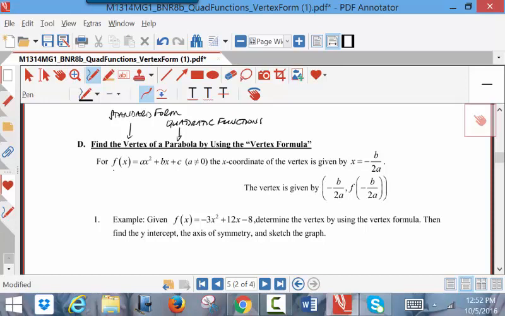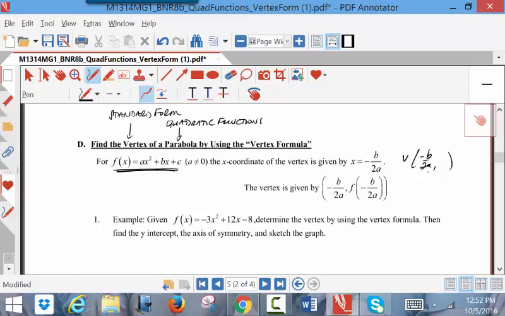And so it says when your parabola is in this standard form, then the x-coordinate of the vertex is this. The x value of the ordered pair of your vertex is going to be negative b over 2a. That is the x value of the vertex of your parabola.